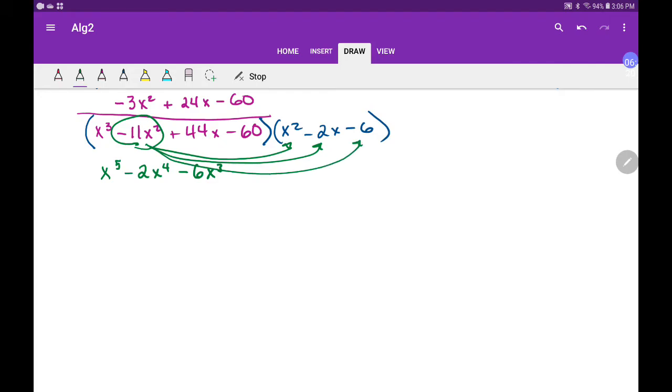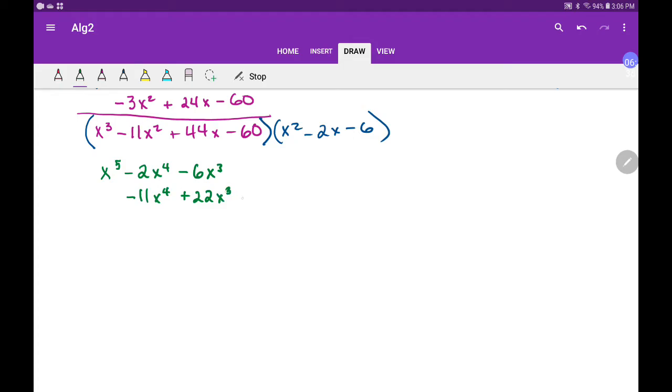So methodically go through here. We have x squared times x squared. That's x to the 4th, and a negative 11 comes along. Negative 11 times negative 2 is plus 22, x to the 3rd. And negative times the negative is plus 66, x squared.